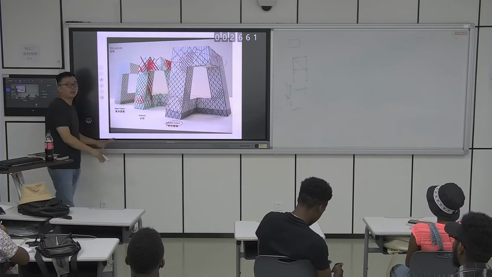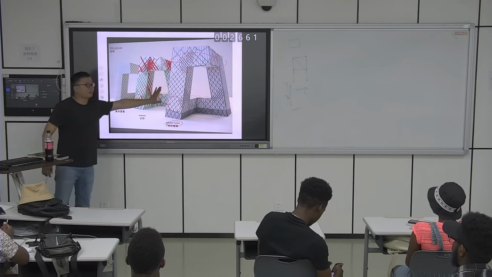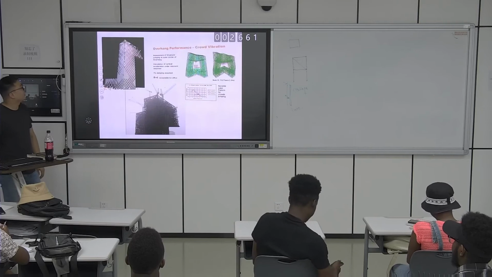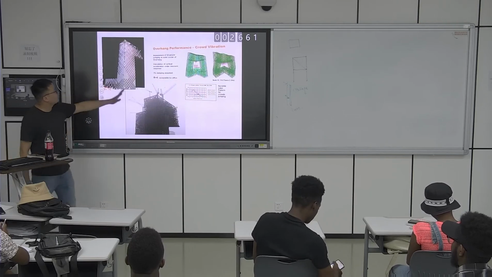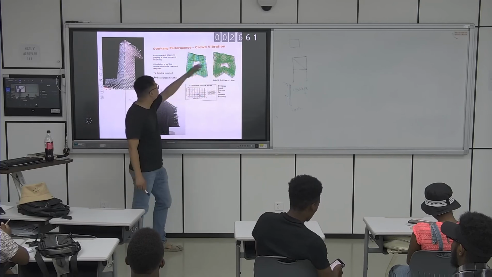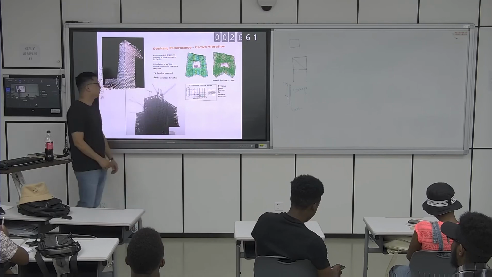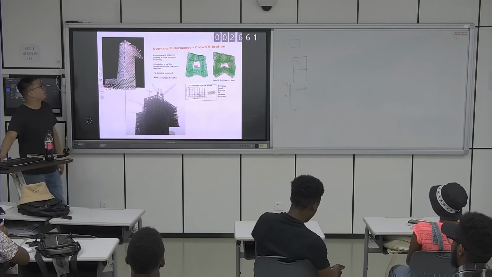Now they have this design, finish the first design, and then we use simulation calculation to calculate all the structures under dynamic load or earthquake to check whether it is safe or not.